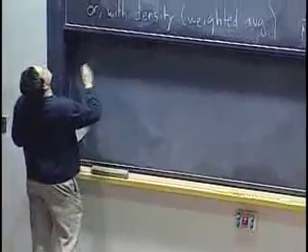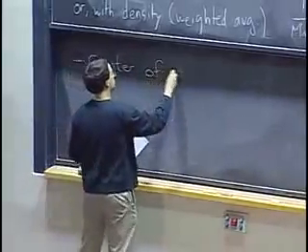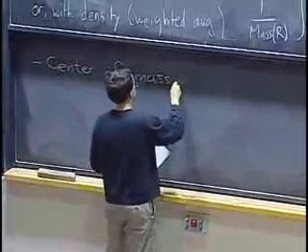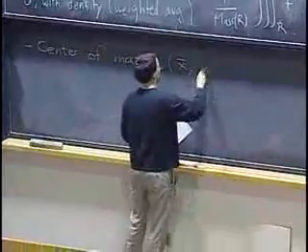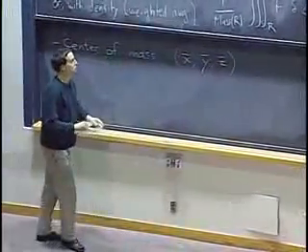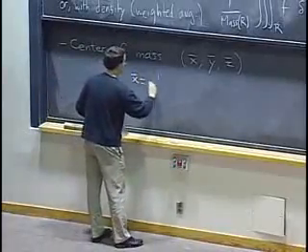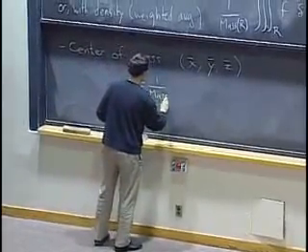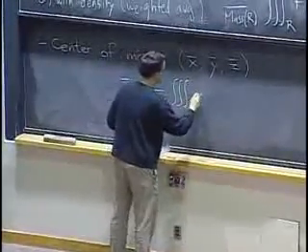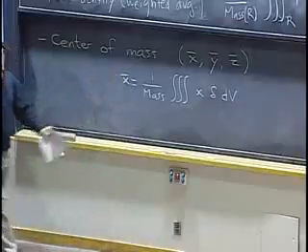So the center of mass of a solid is just given by taking the average values of x, y, and z. It's the special case where x bar is 1 over the mass times the triple integral of x density dv. And same thing with y and z.